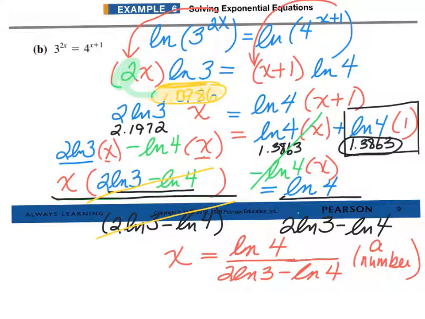If you want to evaluate it on your calculator, all you do is begin by taking the natural log of 4 and dividing it by the sum of 2 times the natural log of 3, or I'm sorry, not the sum, the difference, so we're subtracting the natural log of 4.